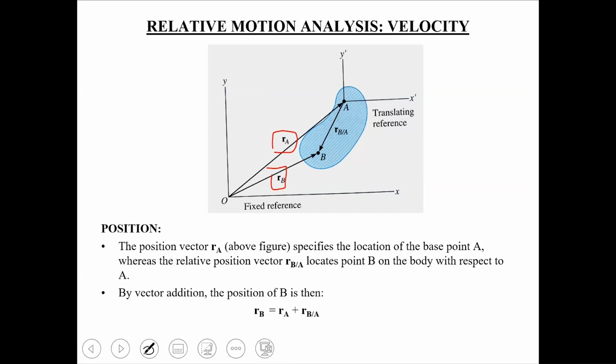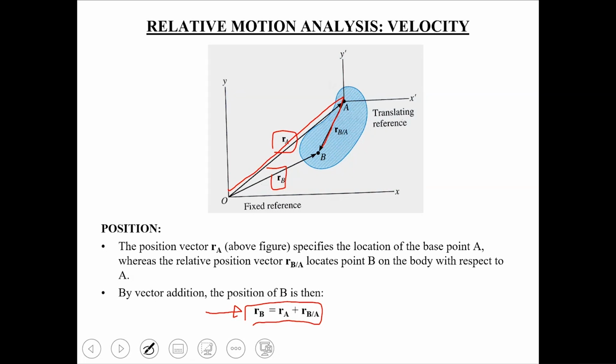Now completing the equation as in chapter number 12, this vector r_B should be equal to vector r_A plus vector r_B/A. So the relative position equation is r_B = r_A + r_B/A, where r_B and r_A are the absolute position vectors of point B and point A, whereas r_B/A is the relative position of B with respect to A.